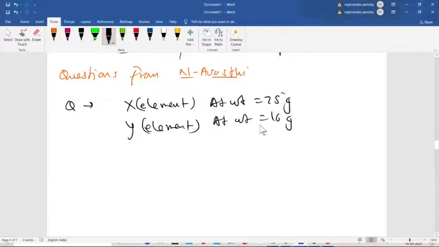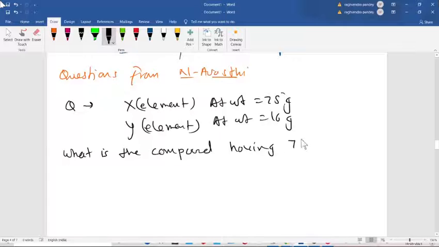What is the compound having 75.8% mass of X?